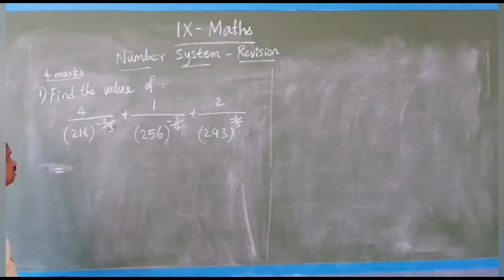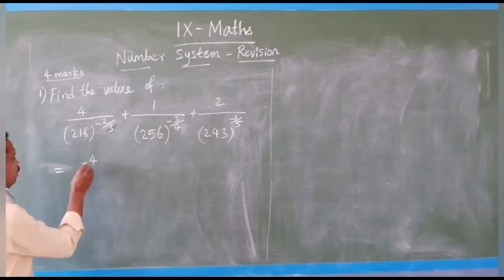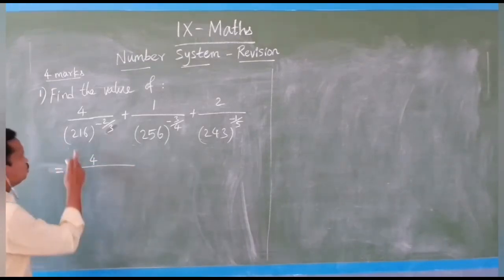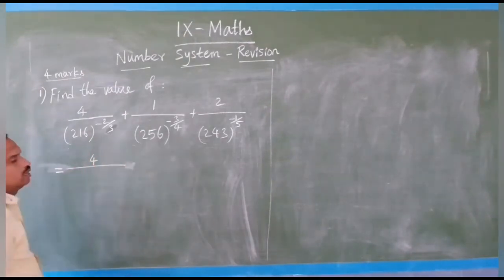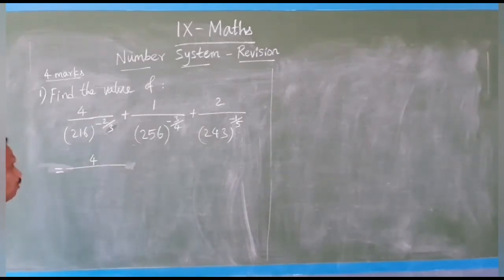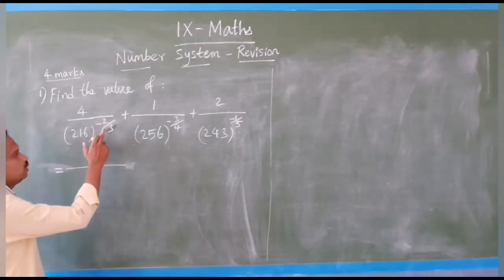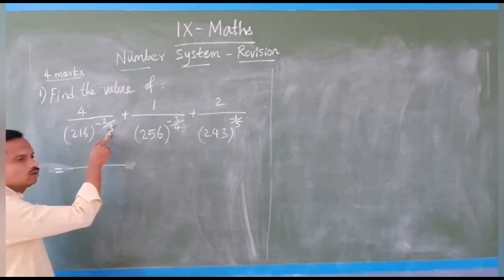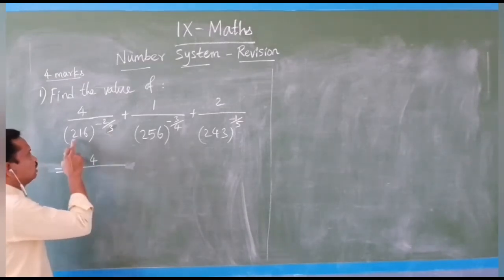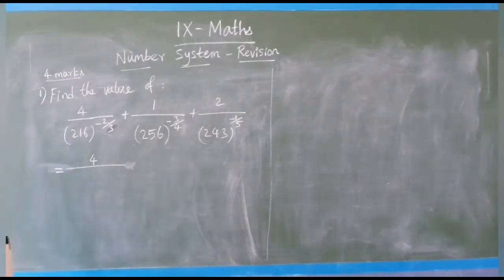So listen carefully. 4 by 216, you can write 216 in exponent form. Minus 2 by 3 is the exponent here, so the denominator of the exponent is 3, therefore the base 216 will be written with exponent 3, so that is 6 cube.